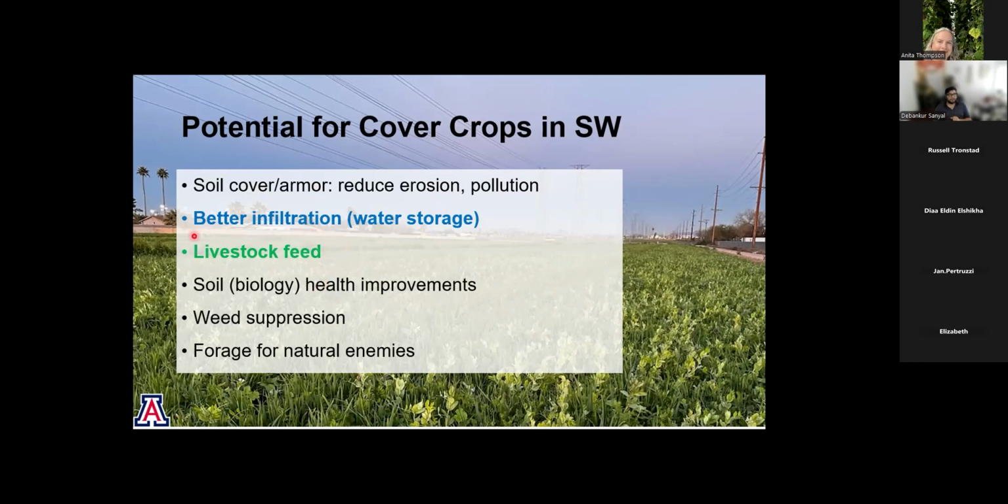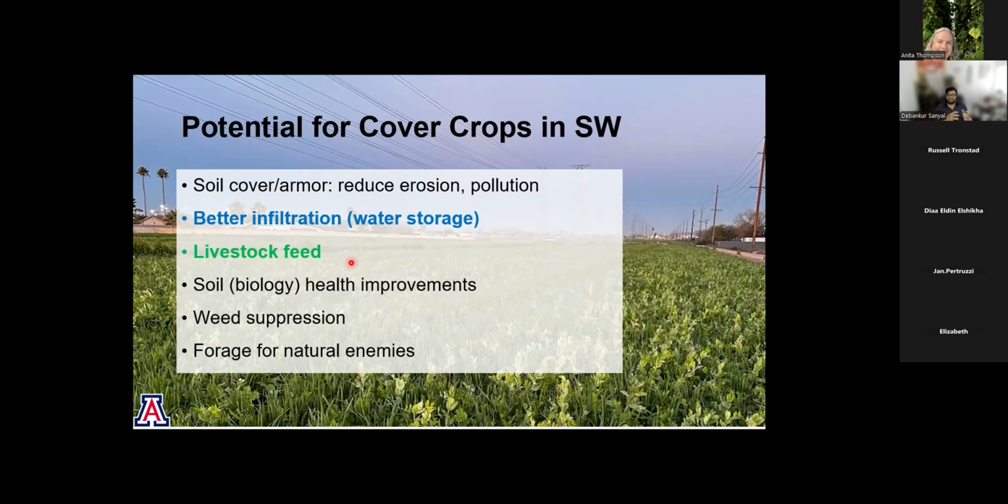But the area I'm looking into is putting it to use as livestock feed. It can be through grazing, and in a nice future, it can be like a salad mix for the livestock industry, where we grow a multi-species plant as cover crop with much less water compared to the traditional hay or forage crops.